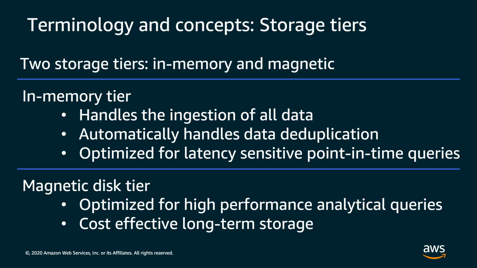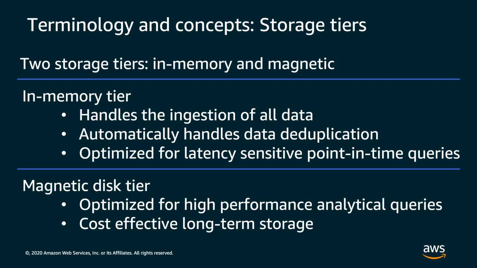The in-memory tier and the magnetic tier are actually designed for slightly different use cases. We were talking earlier about needing to separate workloads, maybe for analytics versus the dashboards, for example, and sometimes having to use another system. In Timestream, you don't need to do that.